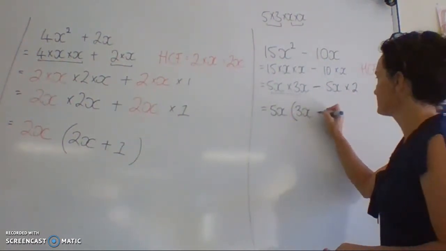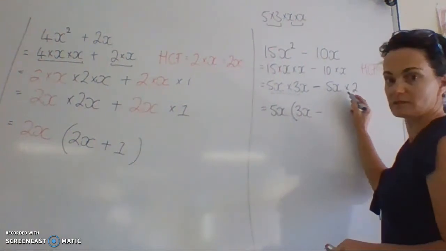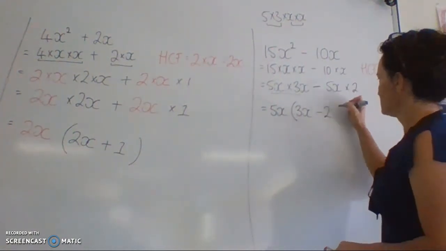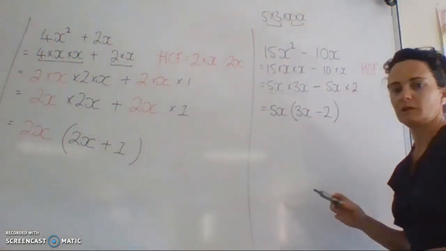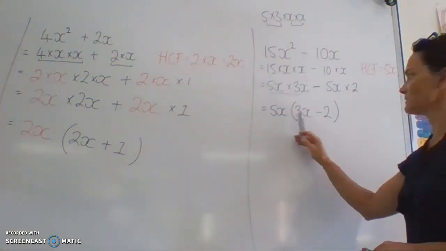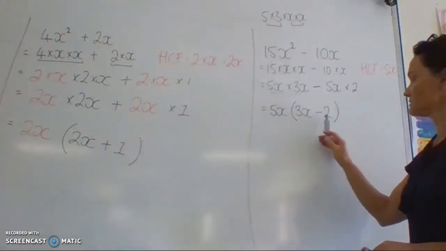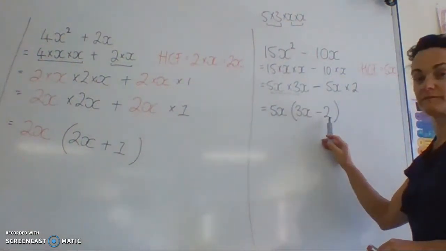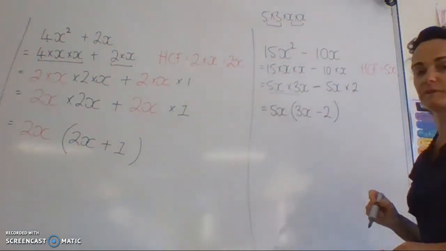Subtract. And then it's 5x times what? It's 5x times 2. Okay, 5x times 2. And then quickly in your head, 5x times 3x is 15x squared. 5x times 2, 2 lots of 5x is 10x, with a subtraction in between. Okay, so we'll fix that.